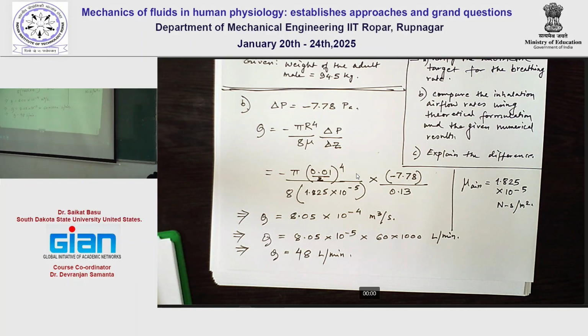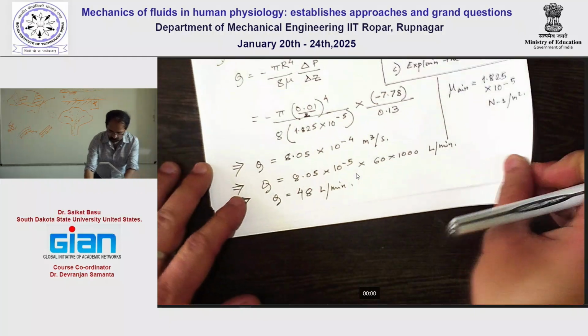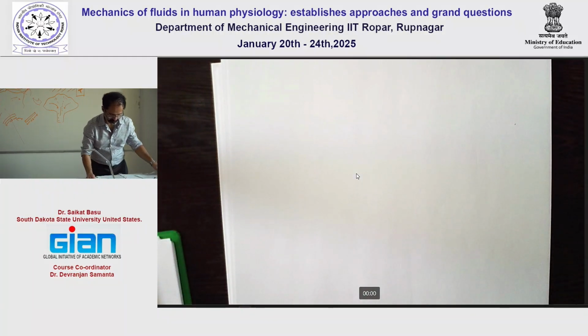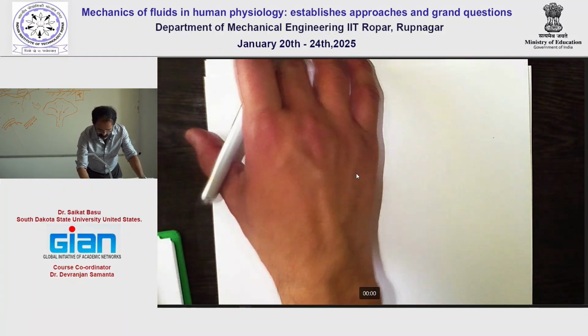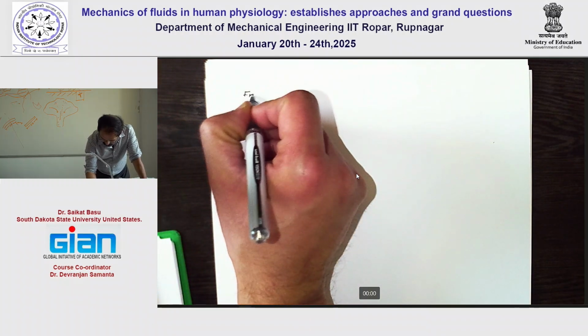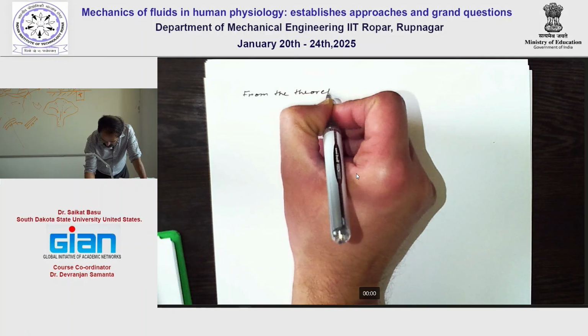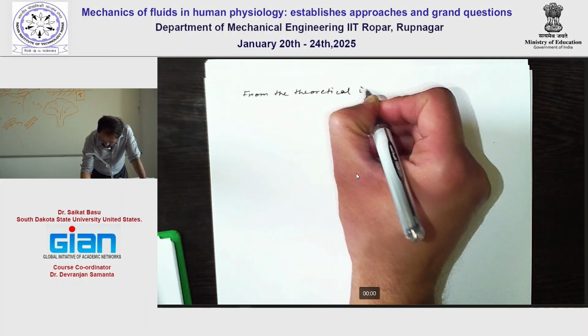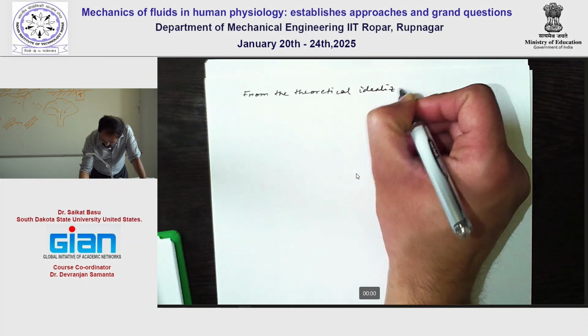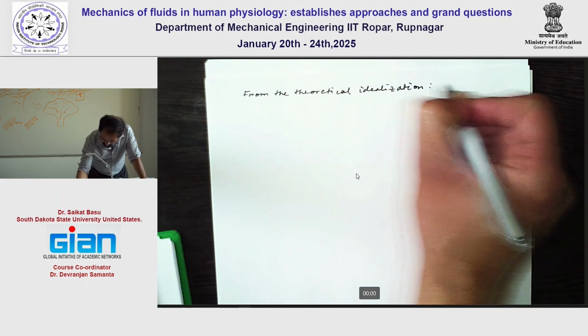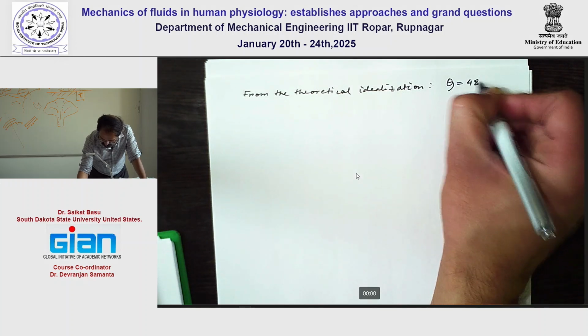So let me write that down now. From the theoretical idealization, we have Q as 48 liters per minute.